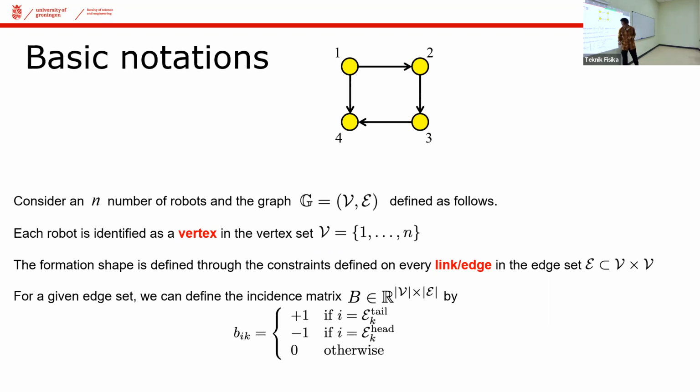And each element is represented by +1, -1, or 0. It is going to be +1 when the ith element in the kth row is belonging to the tail. So if it belongs to the tail, that is going to be +1. If it is belonging to the head, it will be -1.